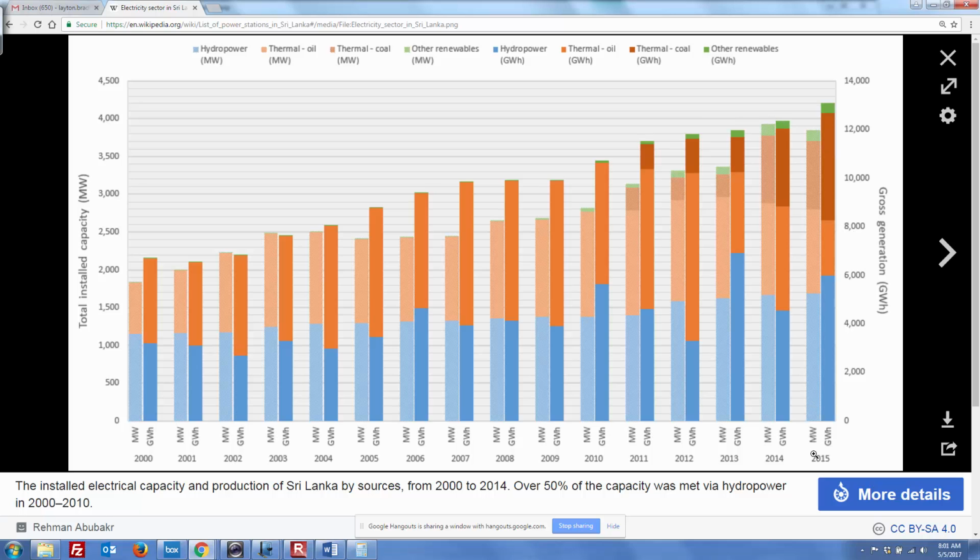In 2015, there were almost 3,800 megawatts of power and 12,000 gigawatt hours of energy. So I'll make another quiz that covers this.